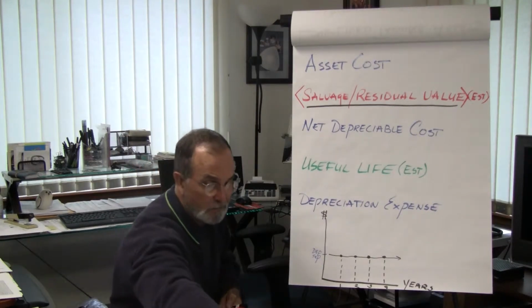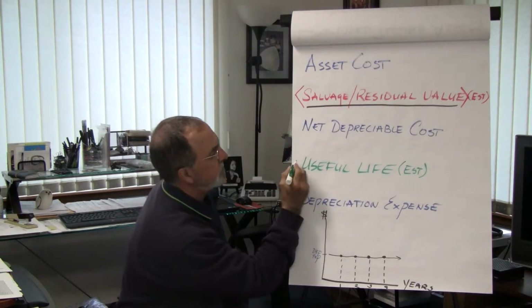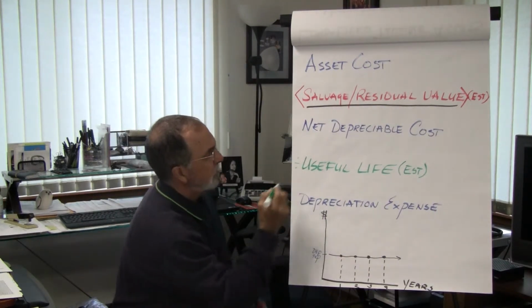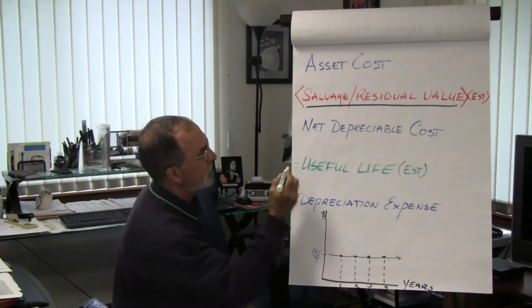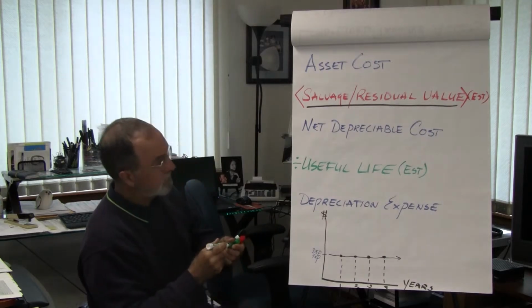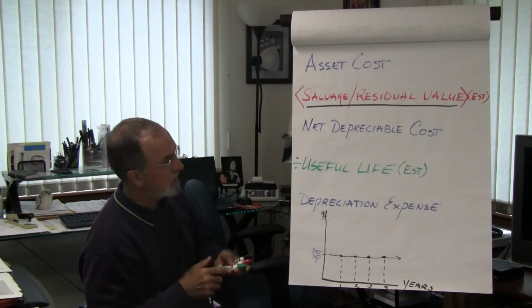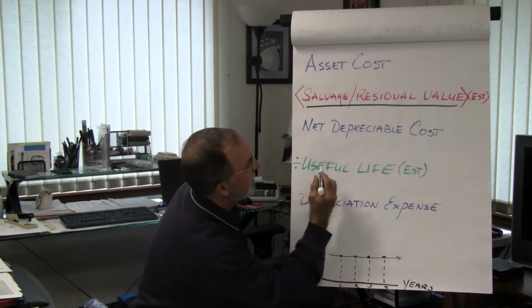The next item would be our useful life, and this would be a division. Again, for straight line depreciation, we would divide net depreciable cost by our estimated useful life.